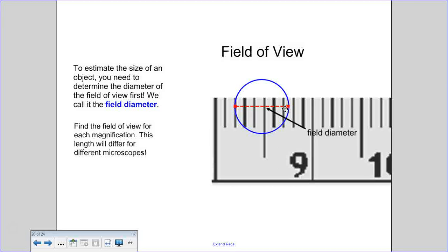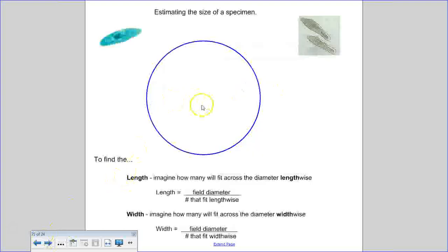But because we change the magnification, if we go to a different power objective lens, it's going to change the field diameter, which we use for figuring out the size of something. Because it's magnifying the image, the field diameter is what tells us how big something is in there.